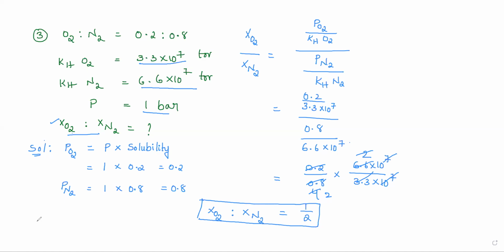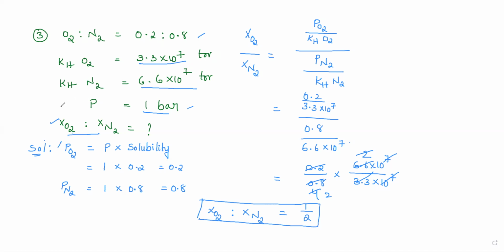So, according to the data, we have solubility and pressure, so we have one formula. In yesterday's class, I explained about these formulas. Once you check those formulas, okay? So, pressure of oxygen equals pressure at STP into solubility. So you can substitute values, 1 into 0.2, and you will get the value. The same thing for nitrogen also.